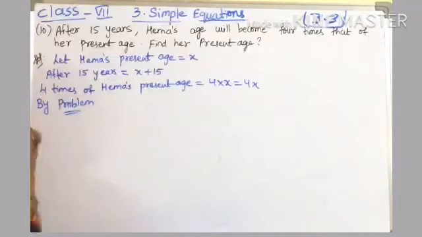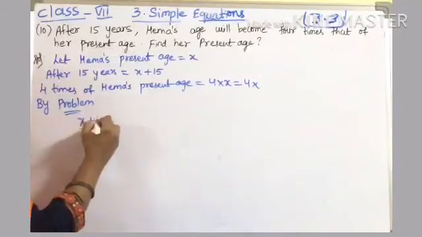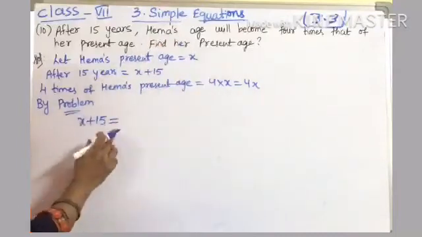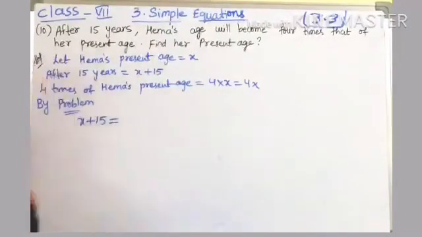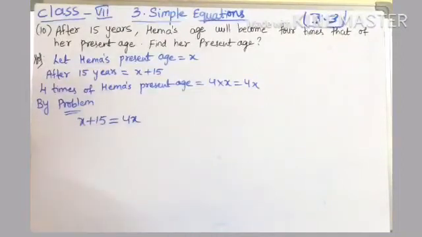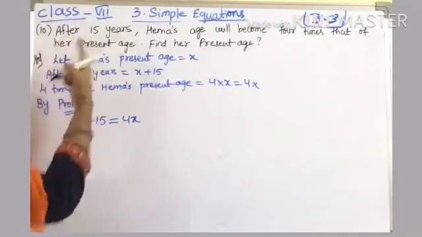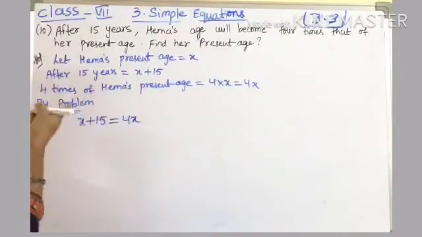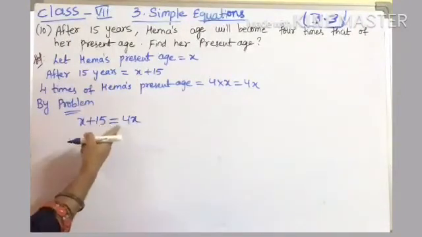After 15 years means x plus 15 equal to 4 times that of her present age, that is 4x. Is that clear, children?